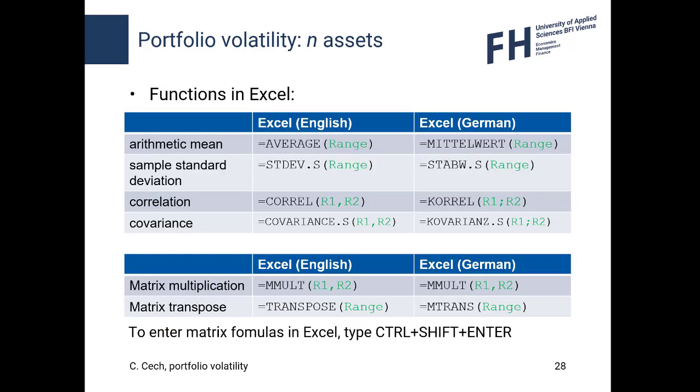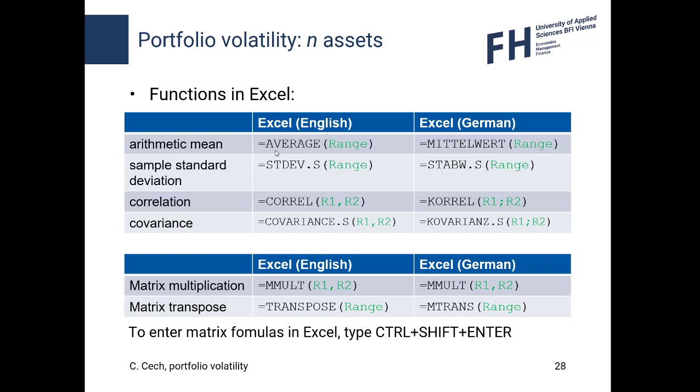What I present here are some Microsoft Excel functions that are hopefully helpful when you tackle problems like the ones that we have just talked about. Recall that I estimated the parameters on the basis of 36 monthly observations. To estimate the vector of expected returns, respectively the expected return for every single constituent, I use the arithmetic mean.